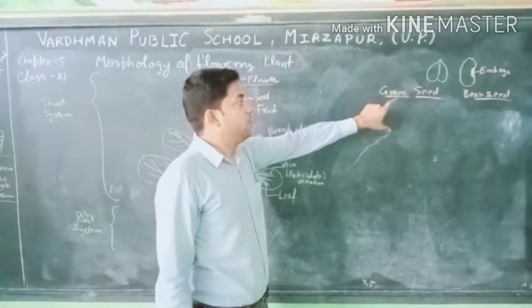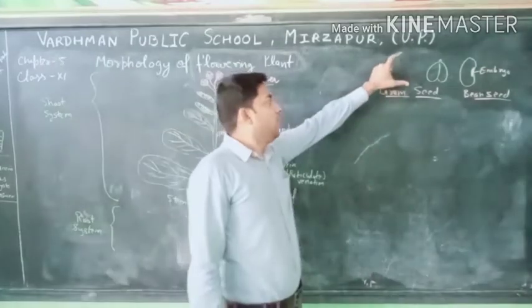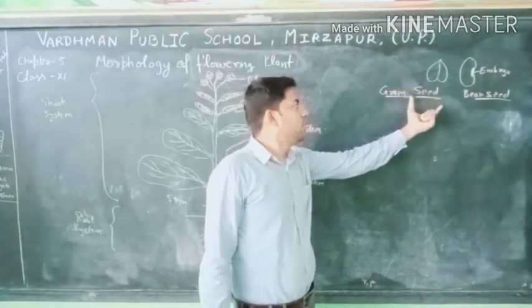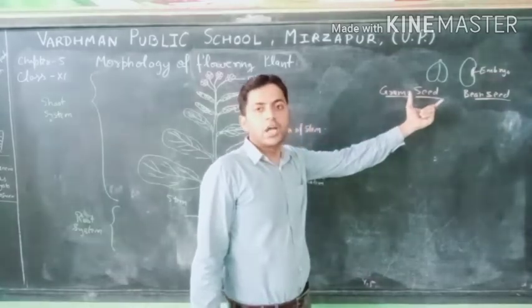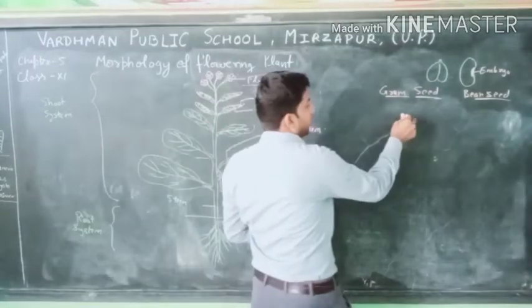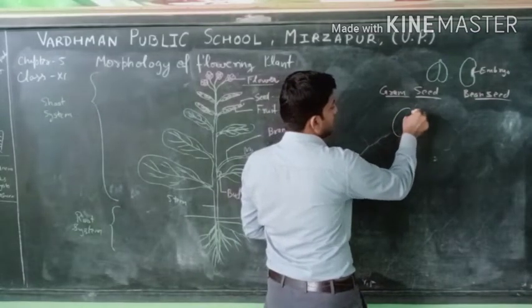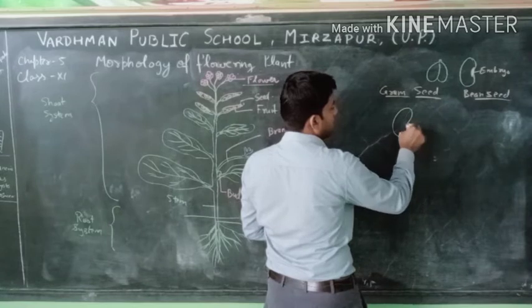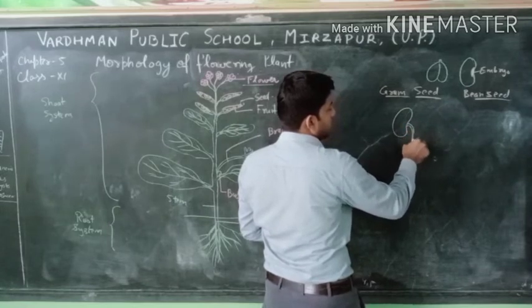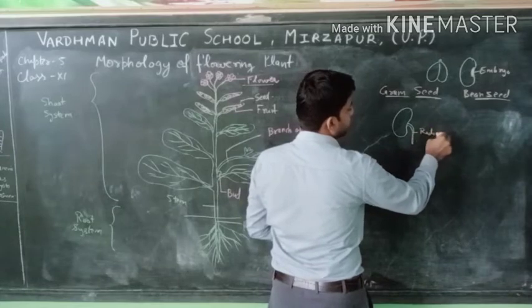Now, I am going to explain in this way how a single seed converts to synthesize the whole plant body. First of all, this seed synthesizes an outer growth. This growth is known as the radicle.